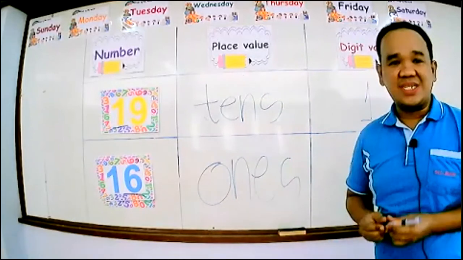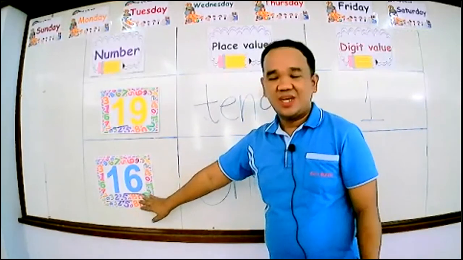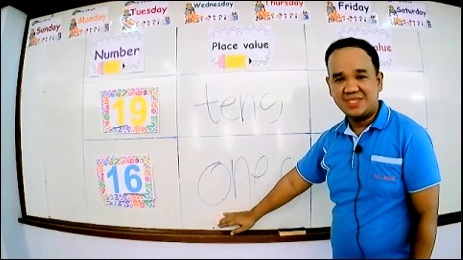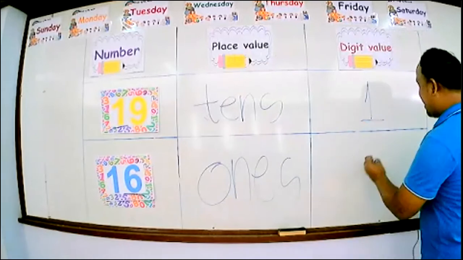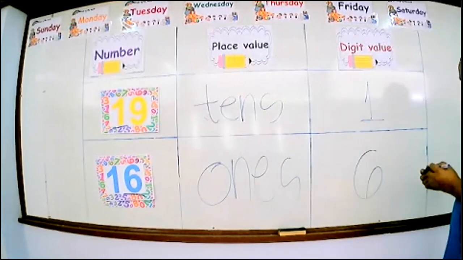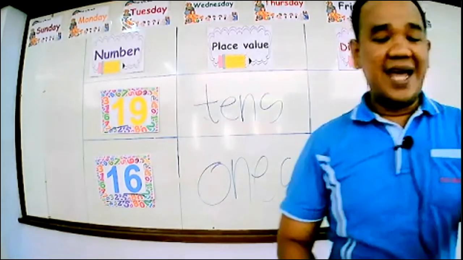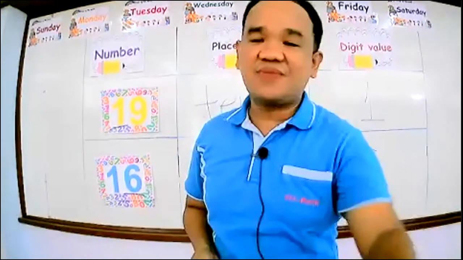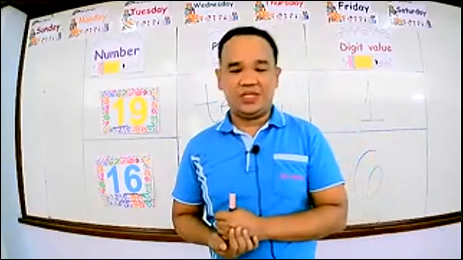And what is the digit value of 6? What is the digit value of ones? That's right, it's number 6. So this is how you identify and determine the place value and the digit value.